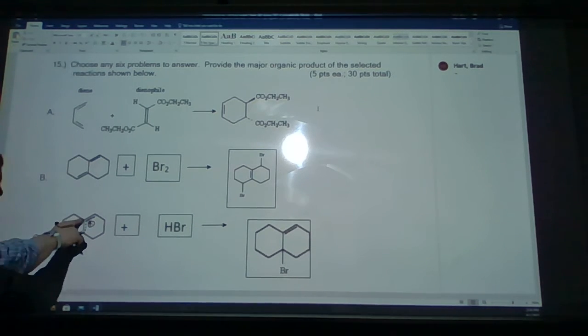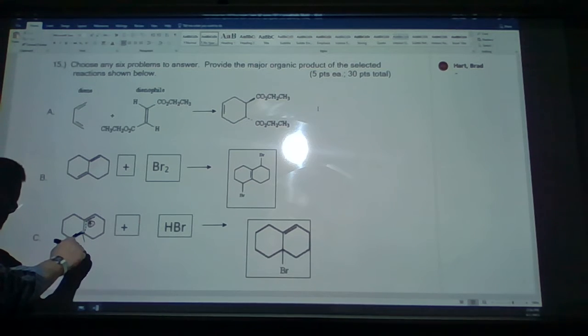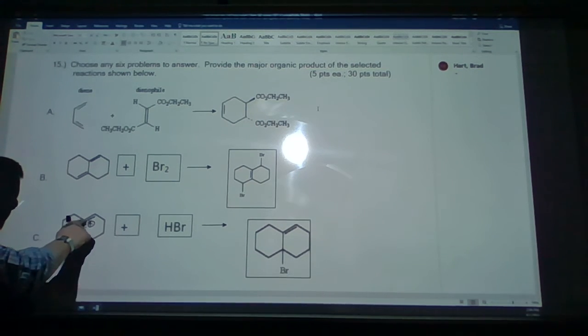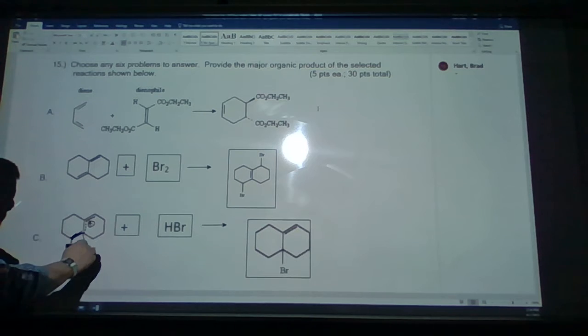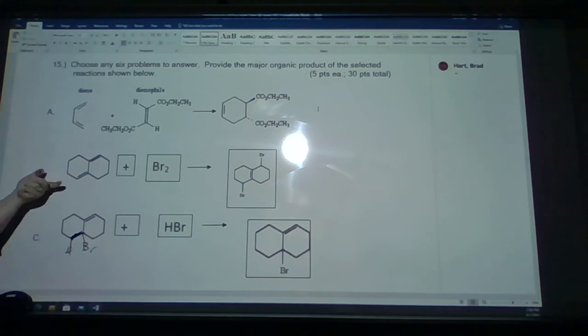The tertiary carbocation is the most stable. This tertiary carbocation is the most stable, so the bromine adds there. So we have 1,4 addition and 1,2 addition.